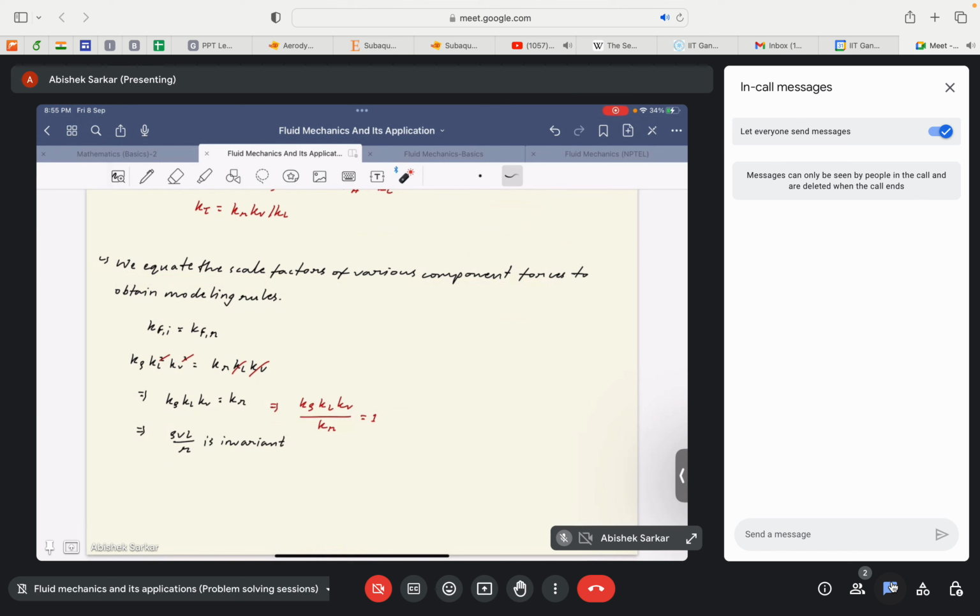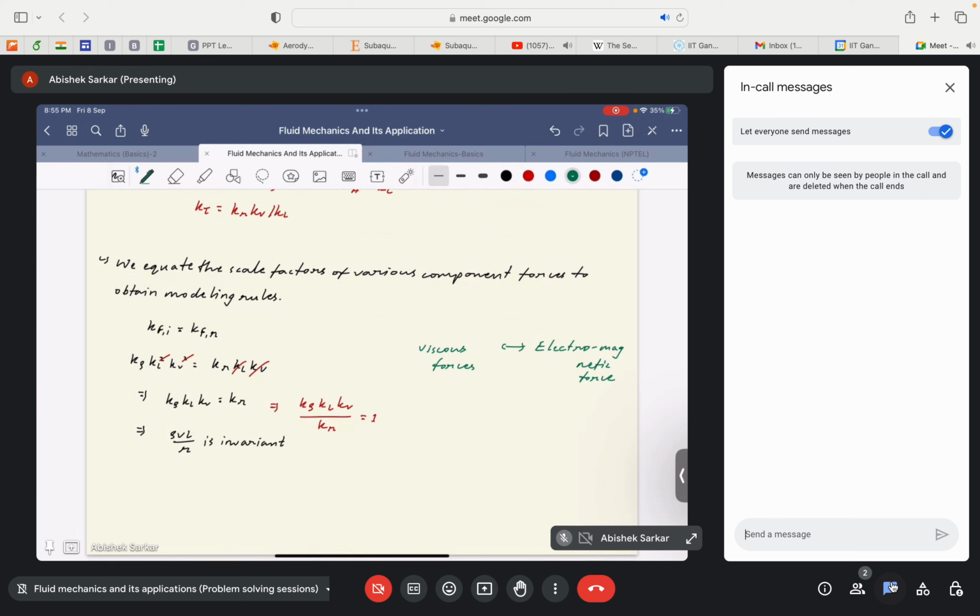Let me just write it: electromagnetic force, if it balances the viscous forces, and if we know the scales, then we can essentially equate these two non-dimensional pi numbers that we get after rearranging the scaling factors.